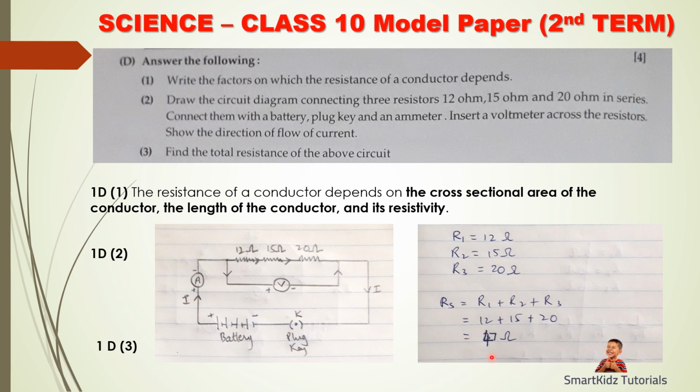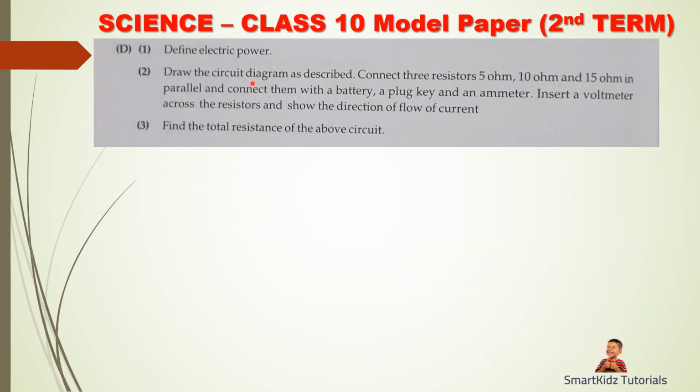We add them up and get the total as 47 ohms. This question consisted of 2 parts, or choices. Either you can answer these 3 questions, or you can answer the next set of questions, which are these.